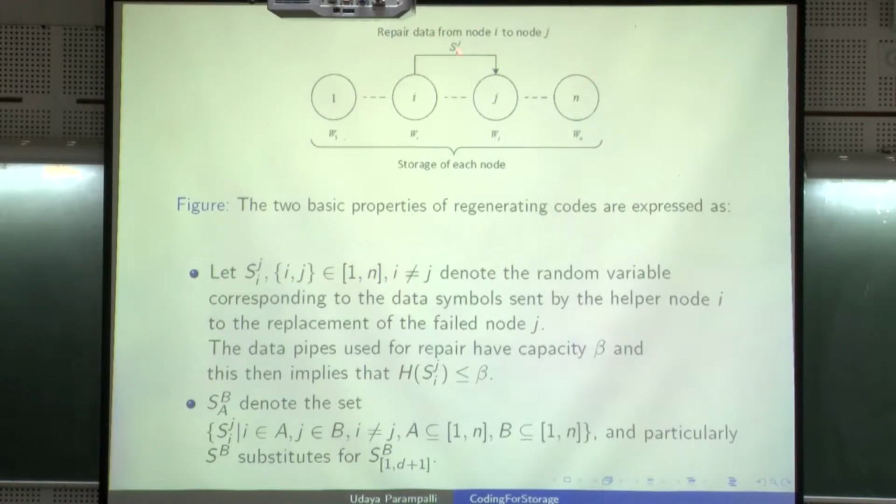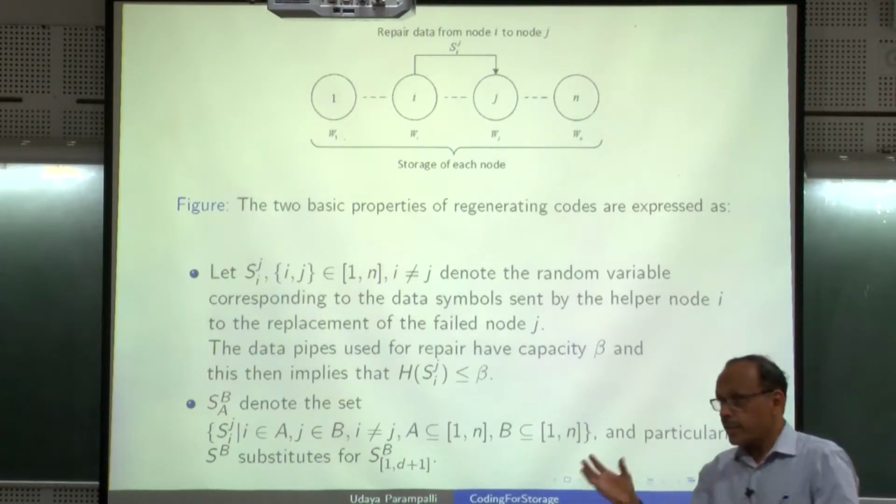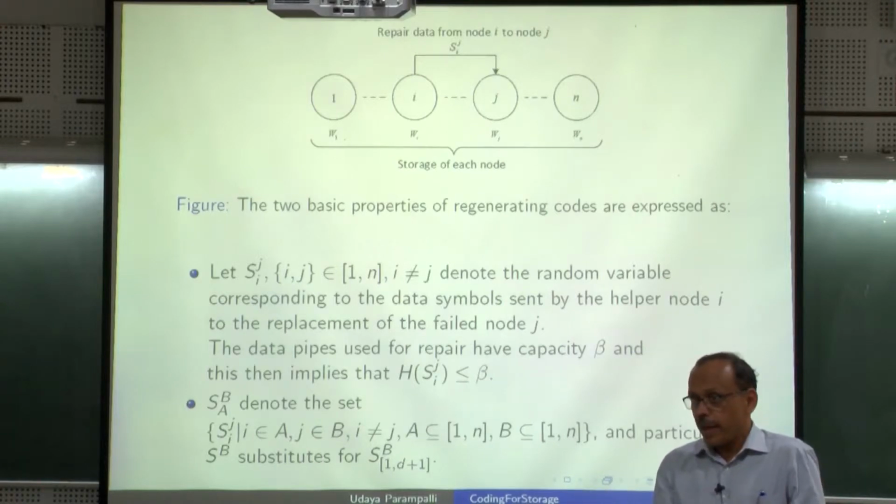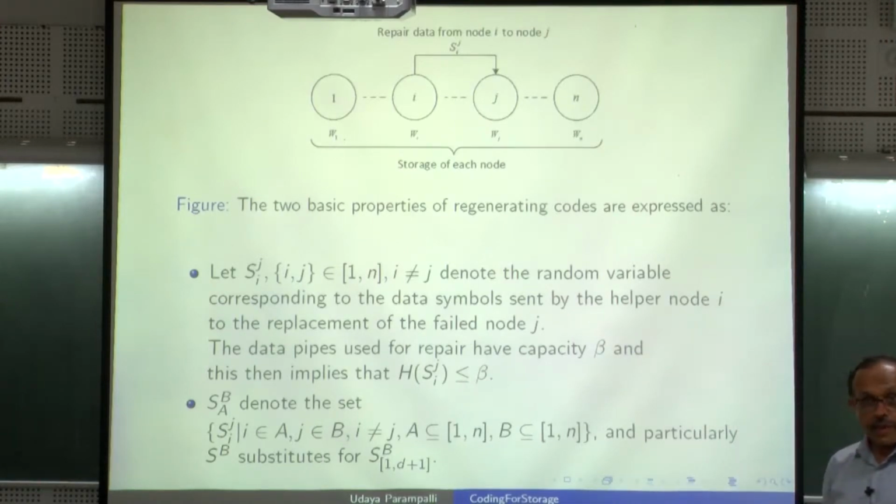What Sij tells you is the amount of information downloaded from node i to node j. Whatever goes in is also a random variable. This is fair, right? So far it's fine.